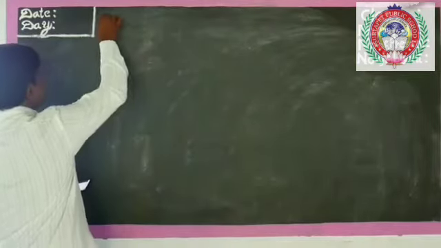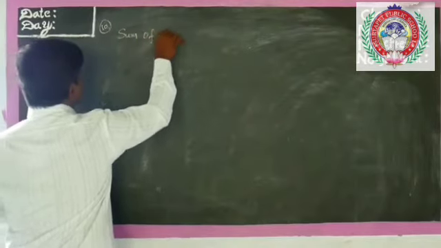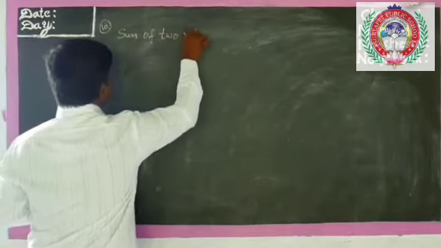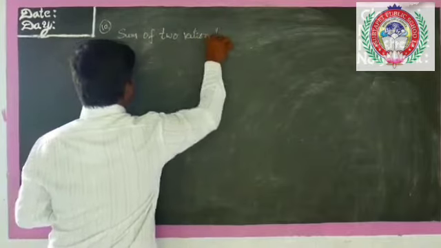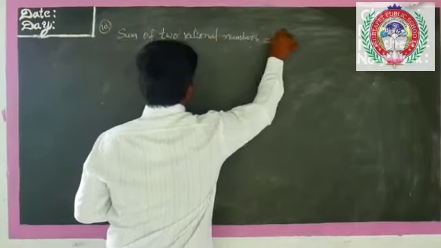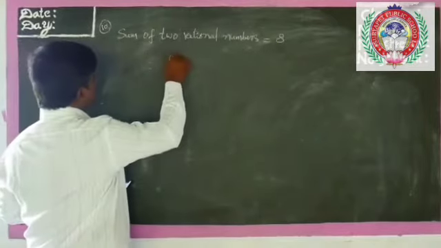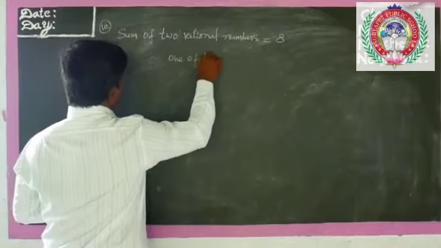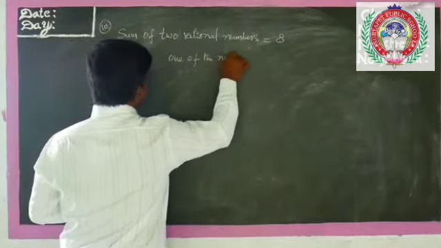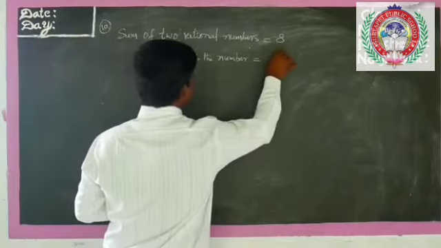Given that the sum of two rational numbers is 8. One of the rational numbers is minus 5 by 6.